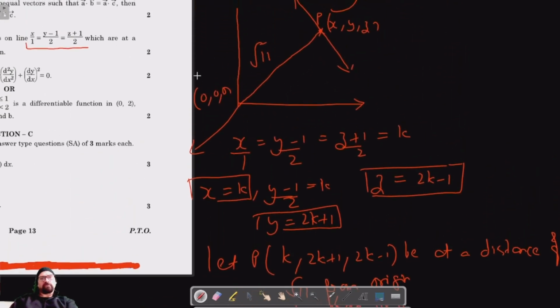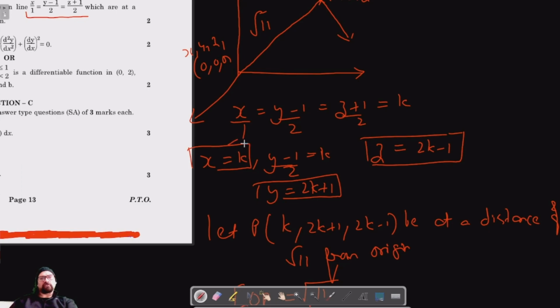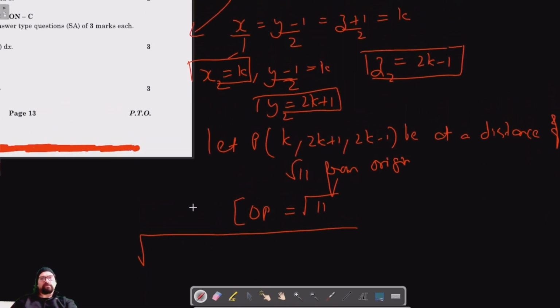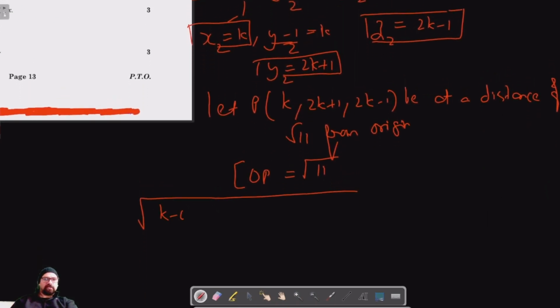So we have the coordinates. This is x1, y1, z1, and these are x2, y2, and z2. And using the distance formula, this will give me: k minus 0 the whole square, plus 2k plus 1 minus 0 the whole square, plus 2k minus 1 minus 0 the whole square, is equal to root 11.